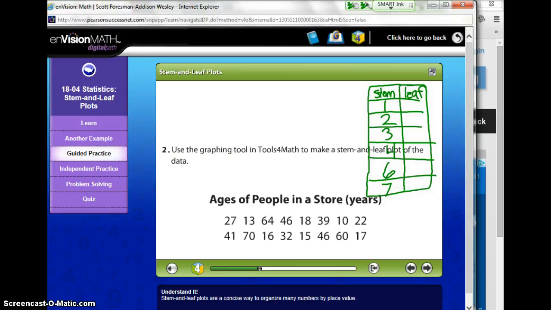All right, so now that we know these are all the stems that we have, now we need to put in the leaves. So let's look at only the 1 stems.